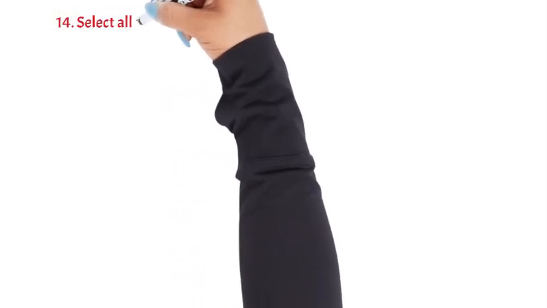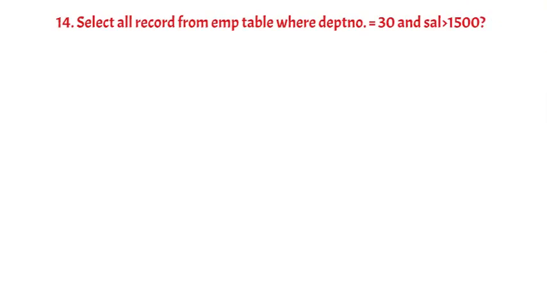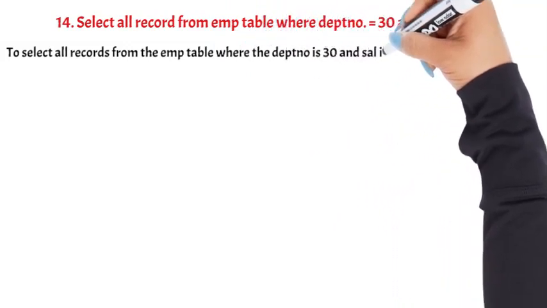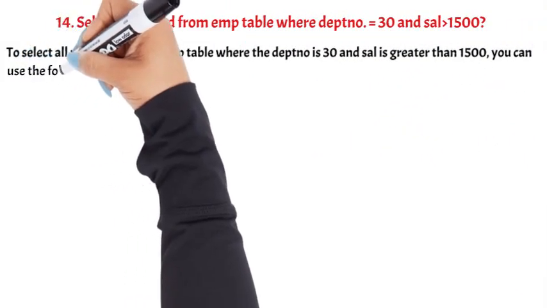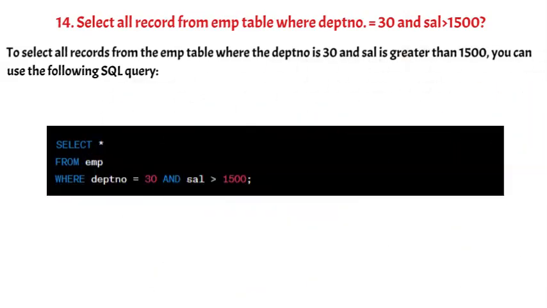14. Select all records from the Emp table where department number equals 30 and sal is greater than 1500. You can use the following SQL query. In this query, replace emp with the name of your table and dept_no and sal with the appropriate column names representing the department number and salary in your table.